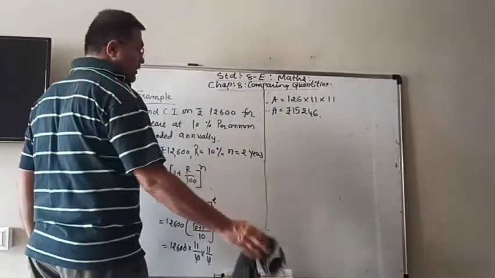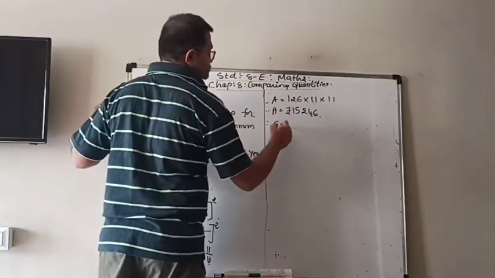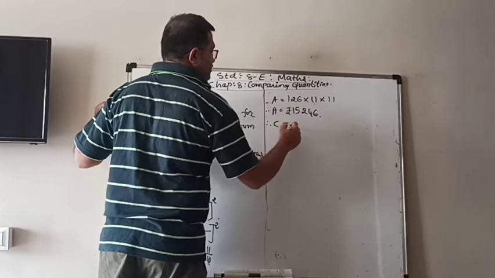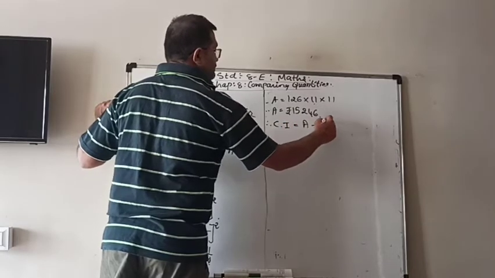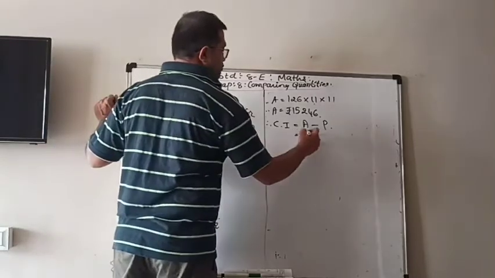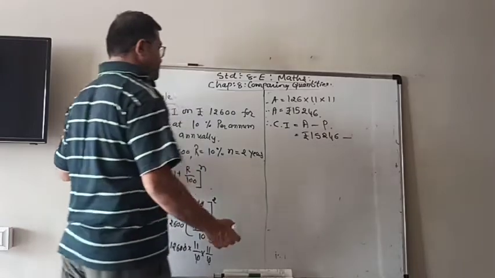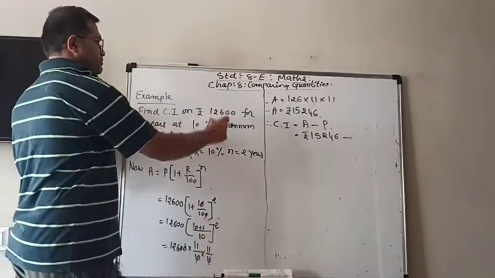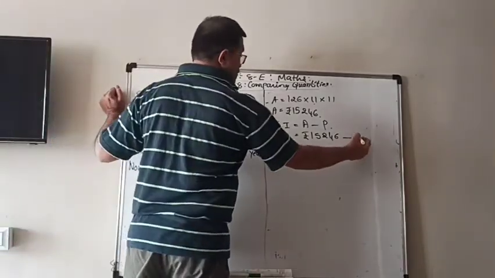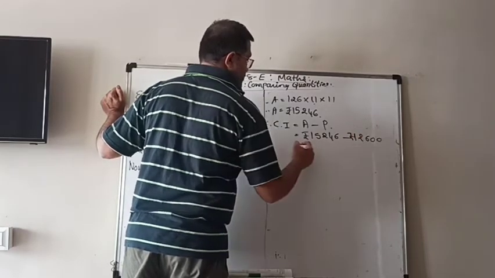But we have to find the compound interest. Therefore, compound interest is equal to A minus P. So it is equal to rupees 15,246 minus principal 12,600.